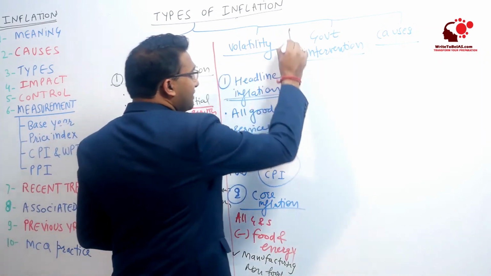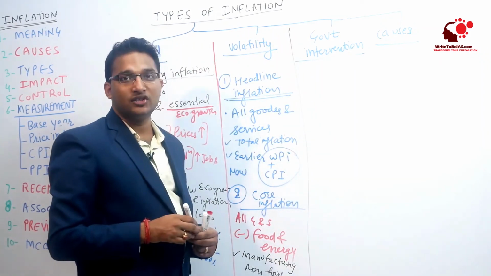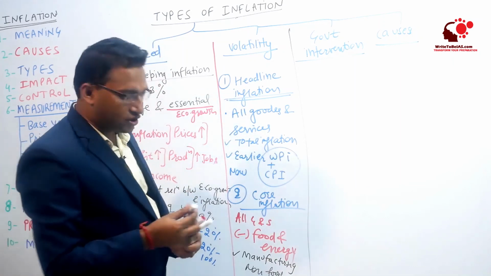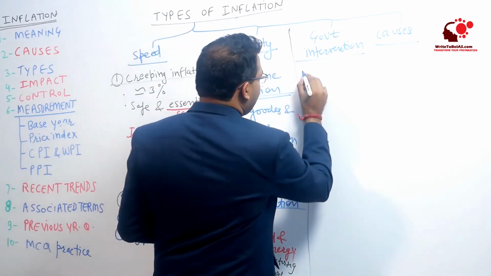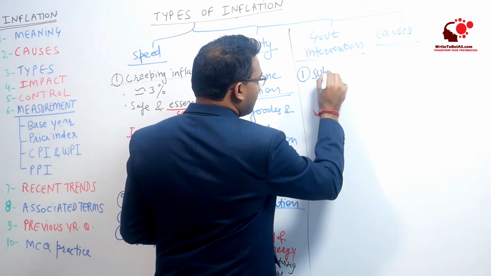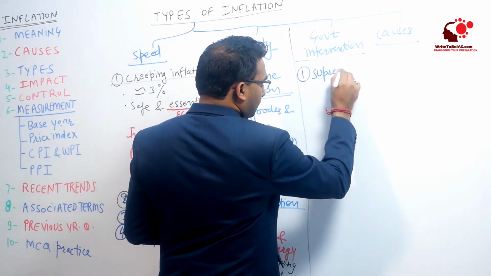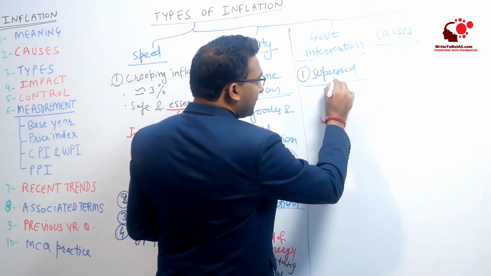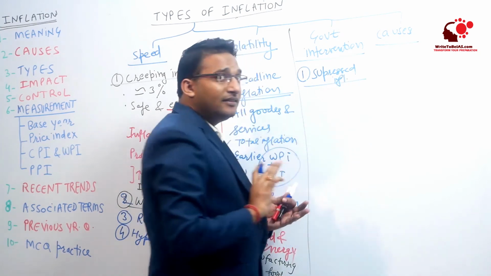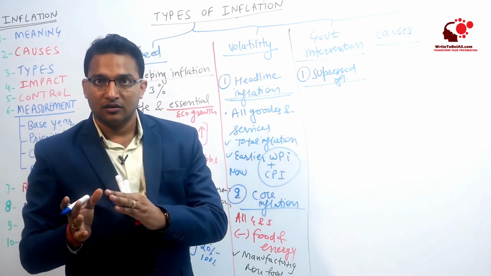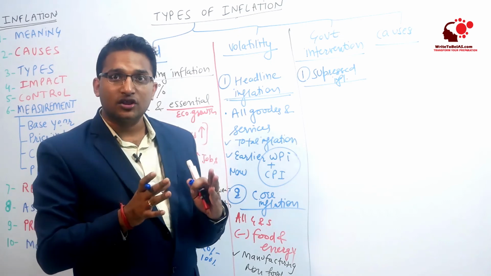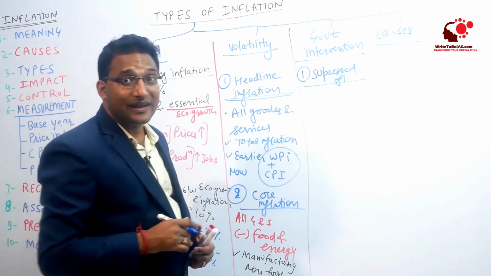Now the third category is based upon the government intervention. So based upon the government intervention, the first category can be suppressed inflation. Suppressed inflation means when the government intervenes to control the inflation in the price through the price mechanism.